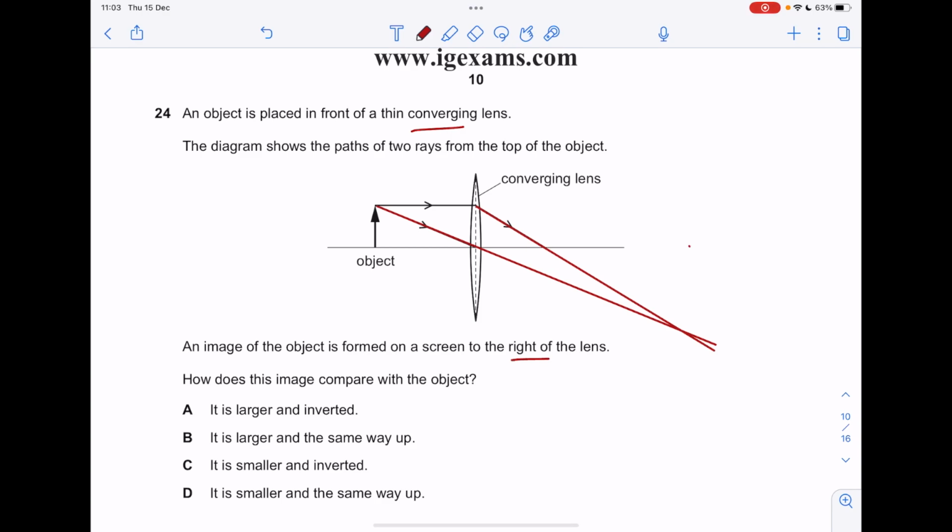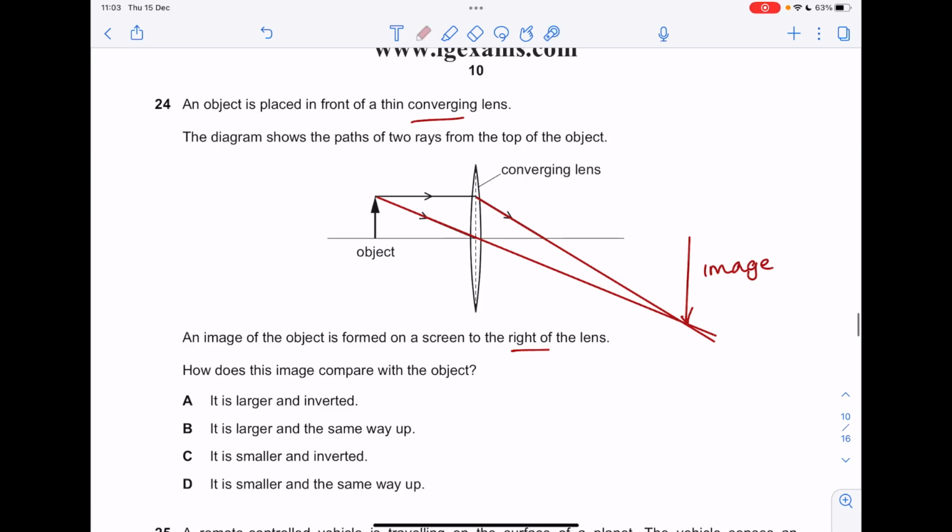So we'll draw an arrow for that image. So we now need to make a comparison between this arrow and the object one. Hopefully you can see that it is longer, which means our image is bigger, and it's also upside down, so it's inverted. So it's larger and inverted, A.